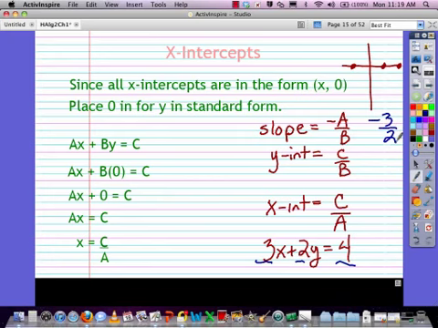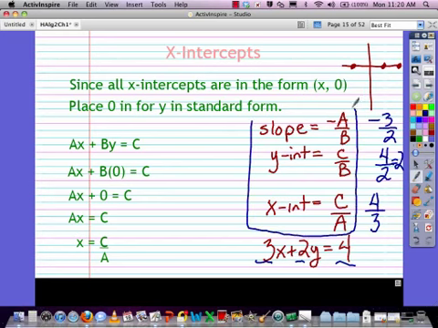The y-intercept is c over b, which would be 4 over 2, also known as 2. And the x-intercept is 4 over 3, and we would leave that as 4/3. So a shortcut, definitely, taking the equation, not having to rewrite it every single time. Memorize these new shortcuts for standard form to slope-intercept form easily.